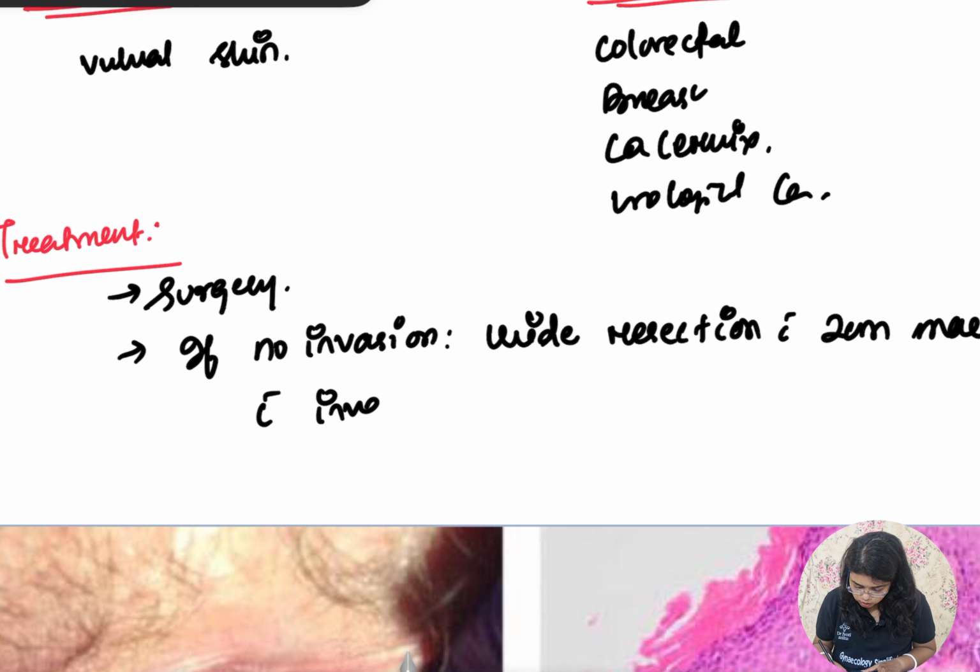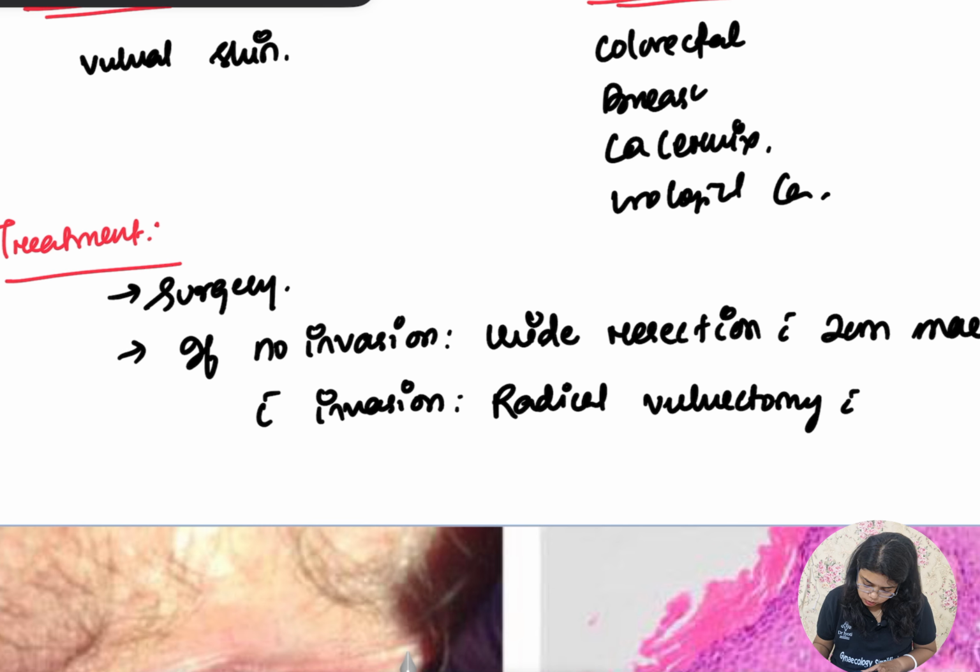If invasion is present, then we do radical vulvectomy with lymphadenectomy.